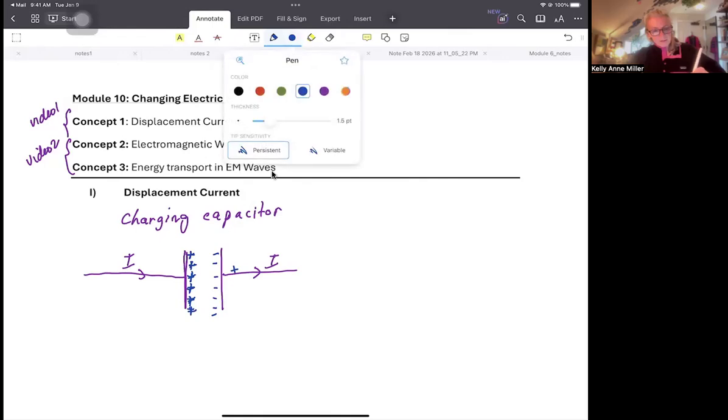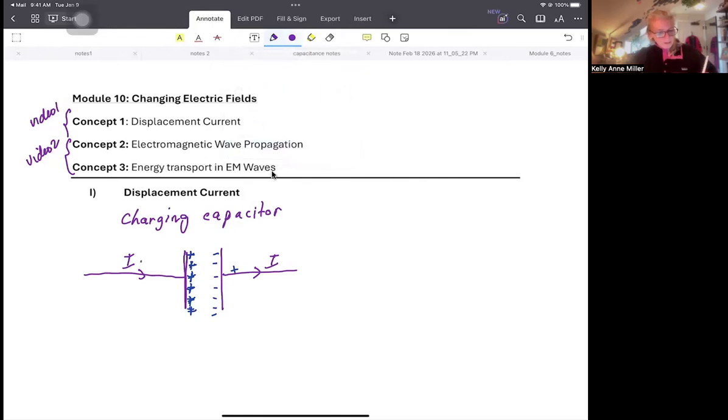I'm going to denote these currents here as IC for reasons that you'll see in a second. So I'm going to say that IC is conduction current. That's real current that's actually going to those plates.